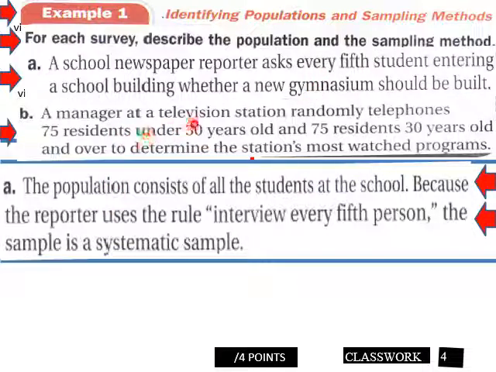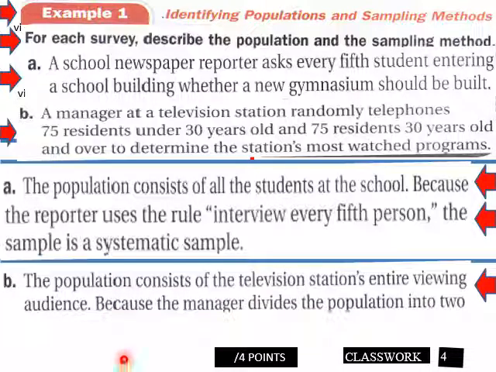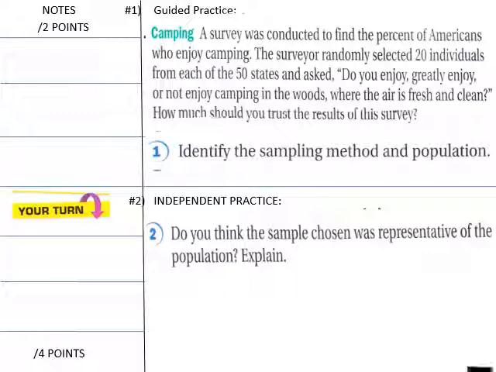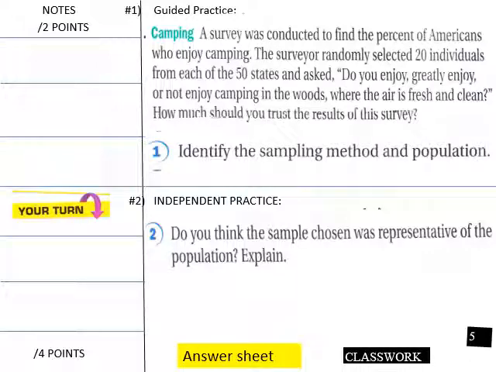And then B, a manager at a TV station randomly telephones 75 residents under 30 and 75 residents 30 years or over. So what would that be? Because the manager divides the population into 2 groups, the sample is a stratified sample here. So he puts an arbitrary kind of division between his sample. Okay, that's 2 of them.